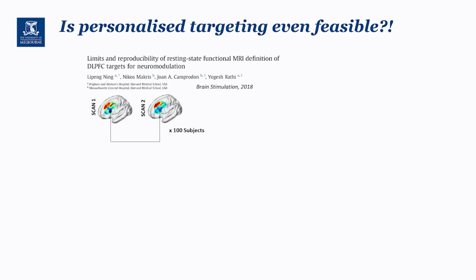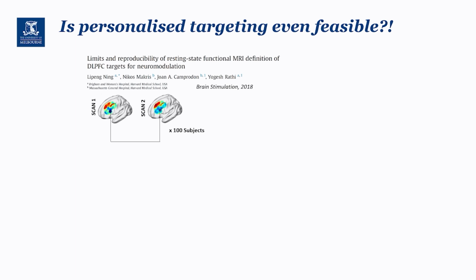Now the question is, is this feasible? Can we use a person's fMRI scan to reliably compute a stimulation target on the DLPFC based on its connectivity to the SGC? We know that there are many limitations of fMRI. There are issues of reliability. If the person moves their head in the scanner, this can induce noise.